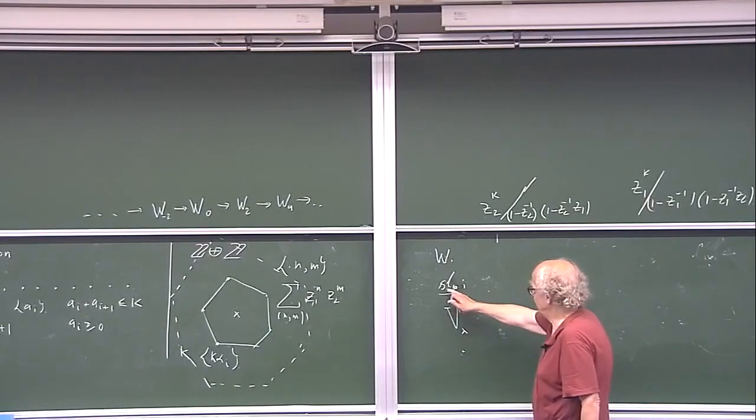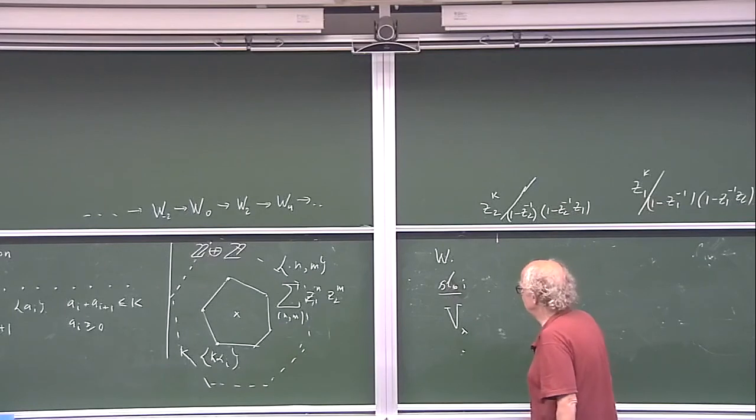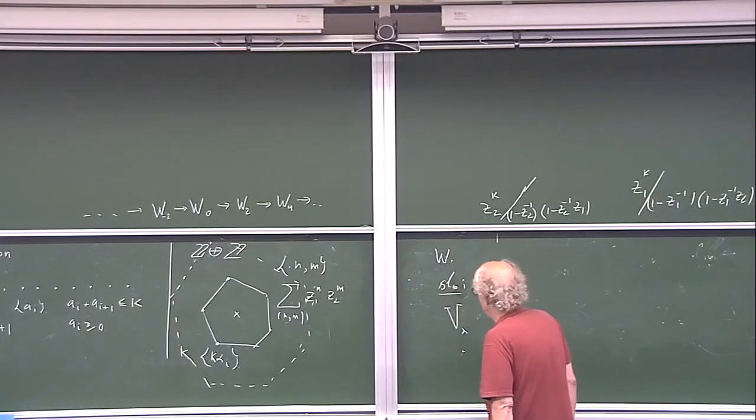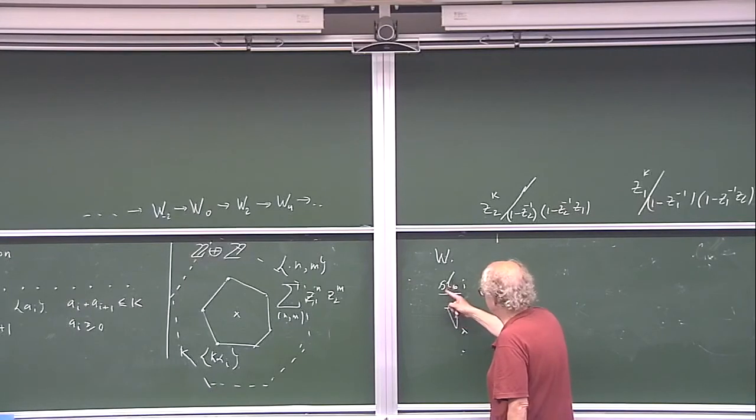Because this is SL3, the rank is 2. Therefore it is bigraded, and the character is what? This is a bigraded space, because the Cartan is 2-dimensional.